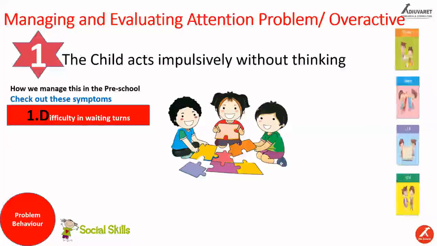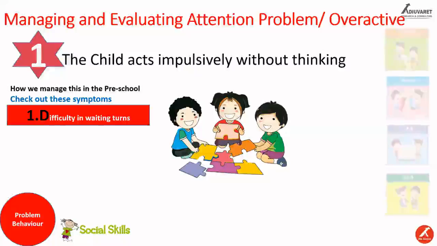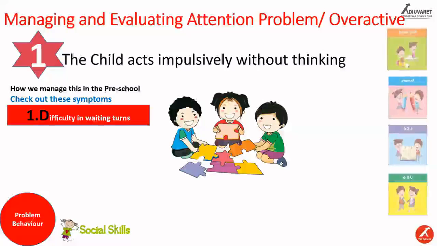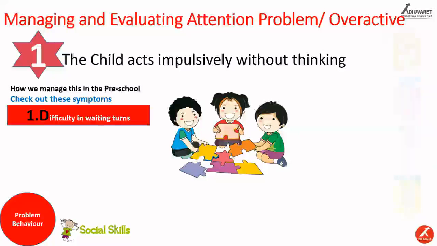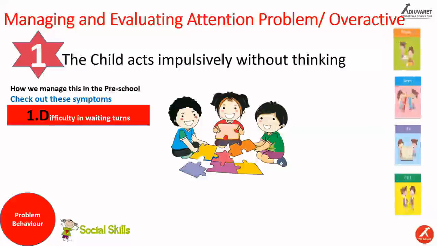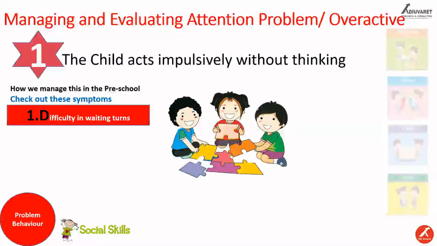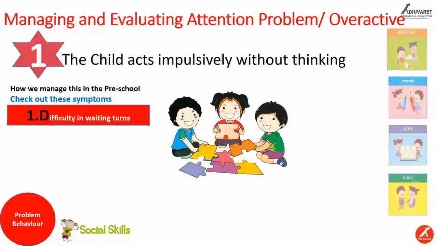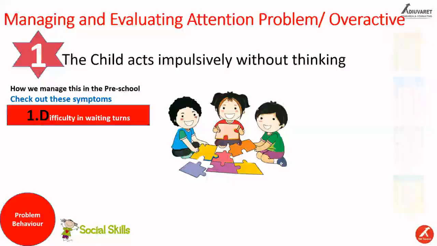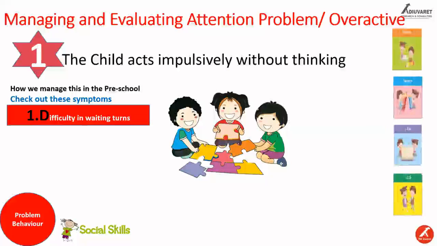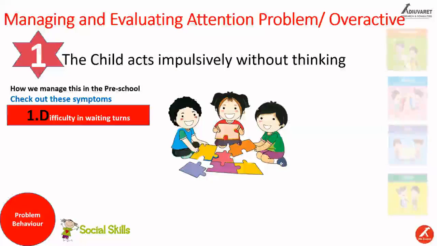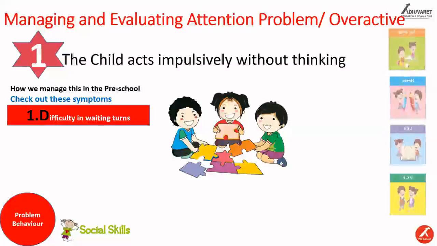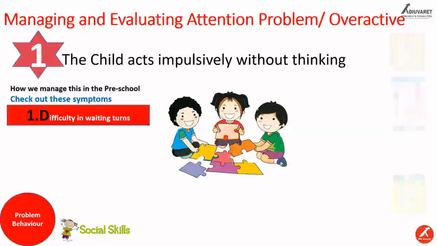But sometimes we may realize some of the children are impatient to wait for their own turn. If the child is really behaving impatiently to have that particular activity done without waiting for others to complete, that is a clear-cut example of impulsive behavior.